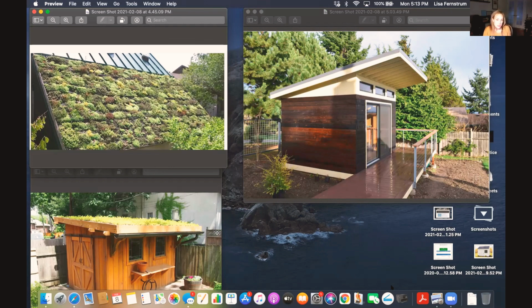Various materials can be used to create the shed, so it's a lot more flexible. It also can be used to install solar panels. So definitely green, and the roof can actually be a living plant or green roof. Lisa, do you want to talk about that?